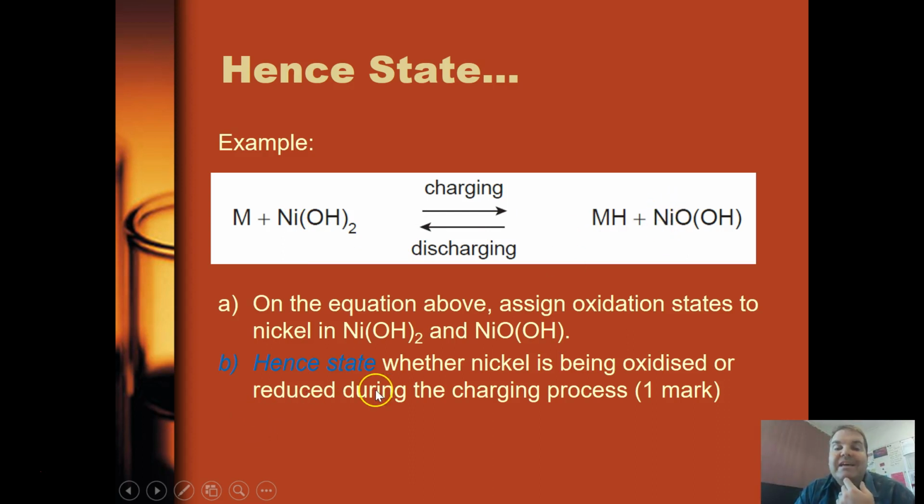So hence state whether nickel is being oxidized or reduced. So you need to have a look at you going from +2 to +3. Increase in oxidation number is oxidation. All right, so you hence state you're using the information you've used before. Okay, the other way you could tell this one's being oxidized is because you're gaining extra oxygen in there, but you have to use the information from the previous question.